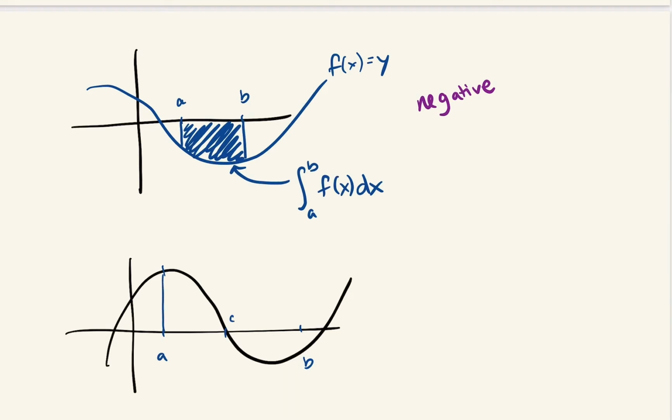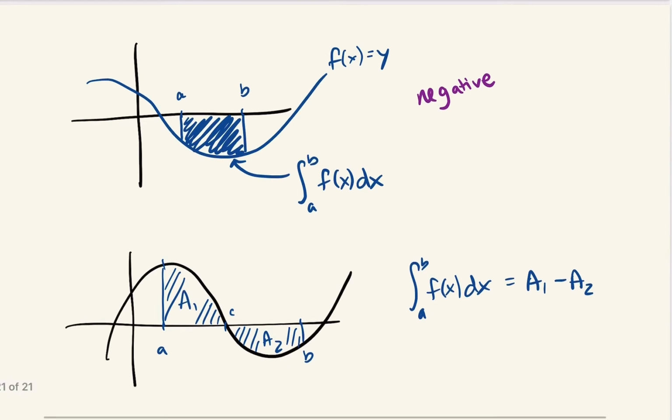If this area is A1, and this area is measured to be A2 in a positive sense, then what this integral from a to b does is it's basically like thinking of the area A1 and then subtracting that area A2. If you're thinking of A2 as being a positive number, a positive area, right? You're subtracting it.